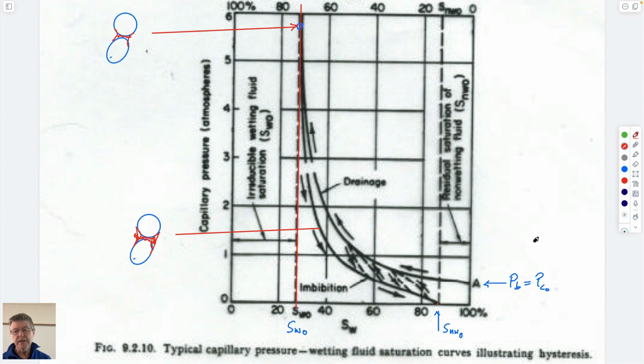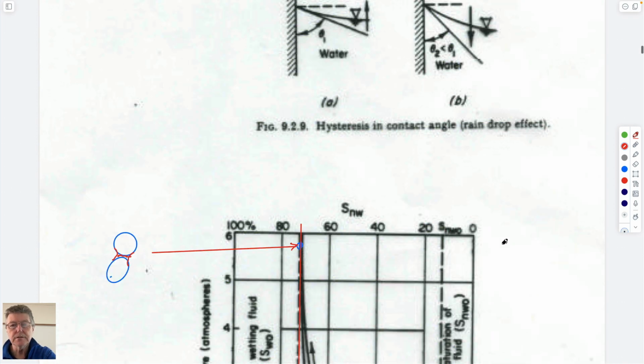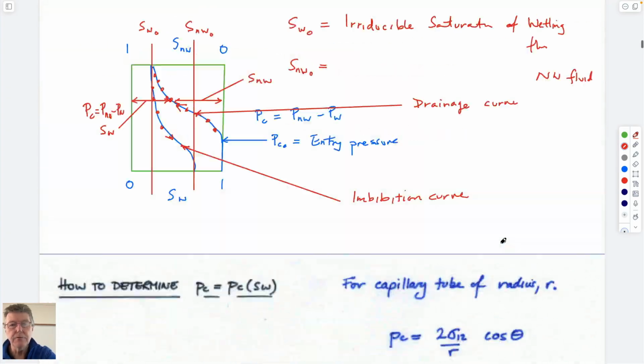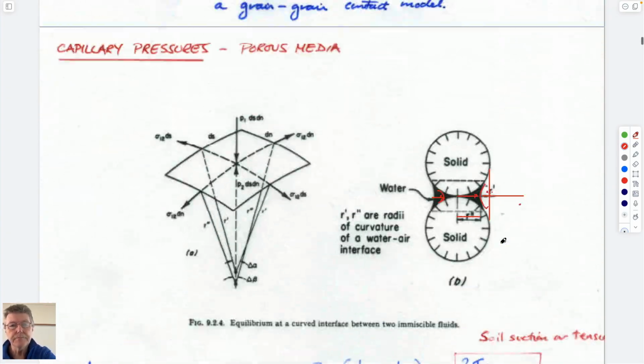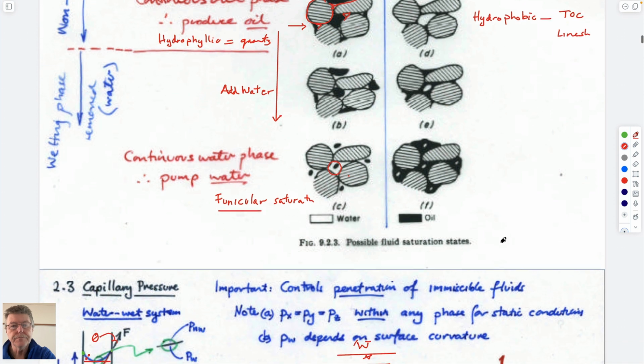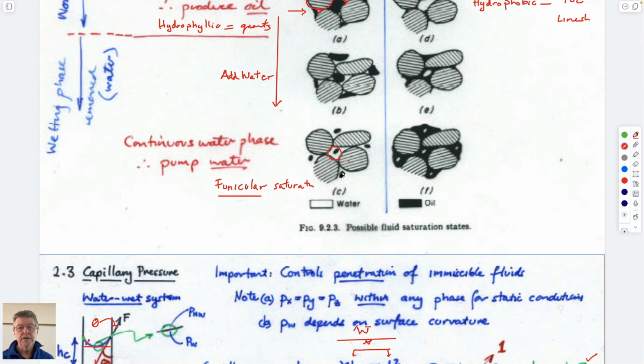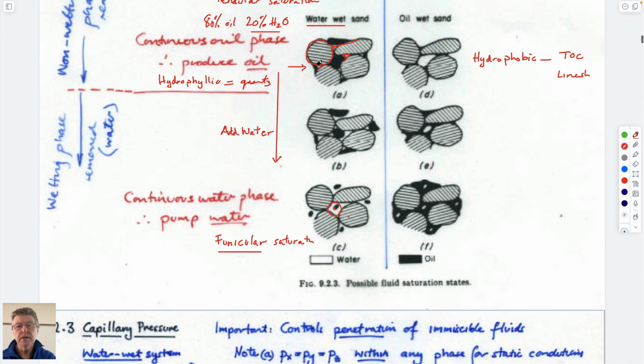And so at this point here, I suppose in the figures that we used before, if we get to them, this would be the bubble of the non-wetting fluid in the middle. This would be water all around it, so-called funicular saturation. It sits in the middle as a bubble, whereas the water, when it's at irreducible saturation, is this little donut shape around the individual contacting grains, and the rest of the non-wetting fluid is filling the pore space.